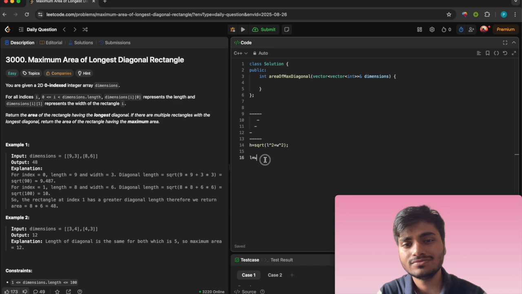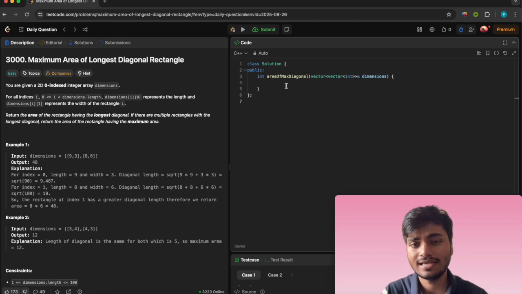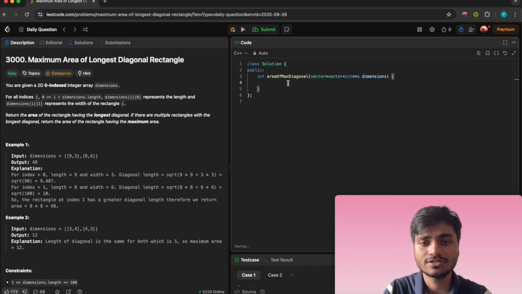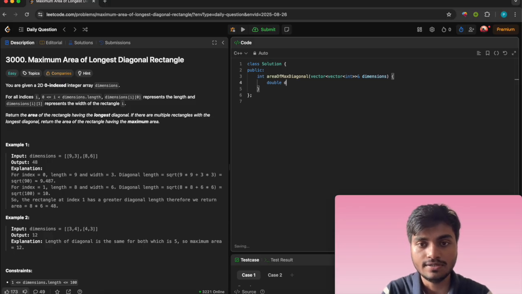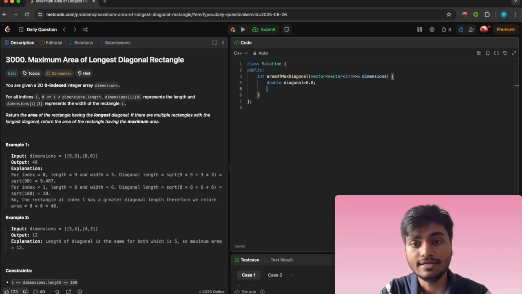So it is a very simple question, you just have to traverse. Let me consider a diagonal variable, which can be of double type, and it will be initialized with 0.0.